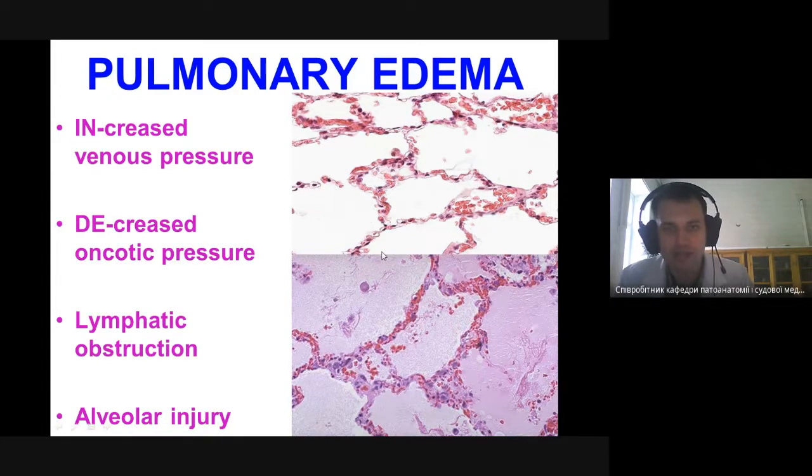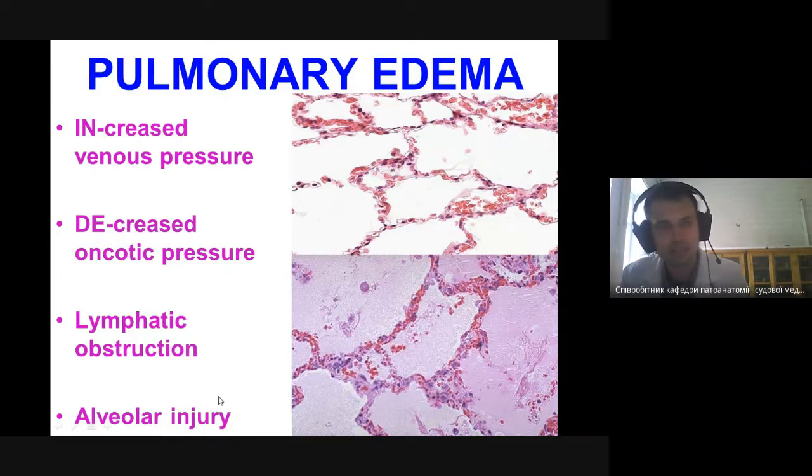In the vessels, traffic jams, I would say, and then transmission of liquid with a low level of proteins. This liquid is called transudate. Causes are increased venous pressure, for example, in the settings of left ventricular heart failure; decreased oncotic pressure in nephrotic syndrome, in liver cirrhosis, and so on; lymphatic obstruction; and alveolar injury.